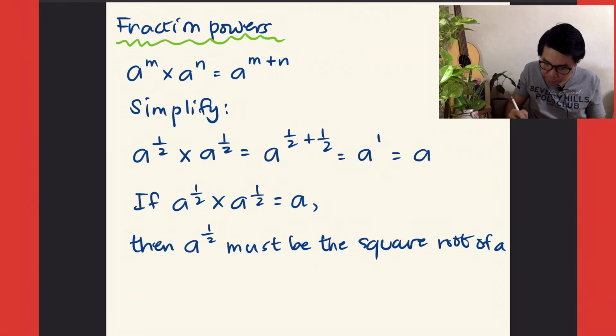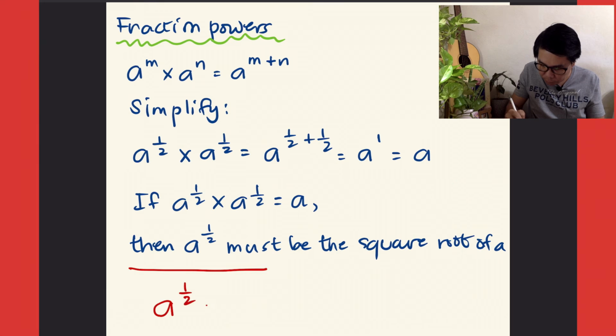So therefore, a raised to the power of 1 half is equal to the square root of a.